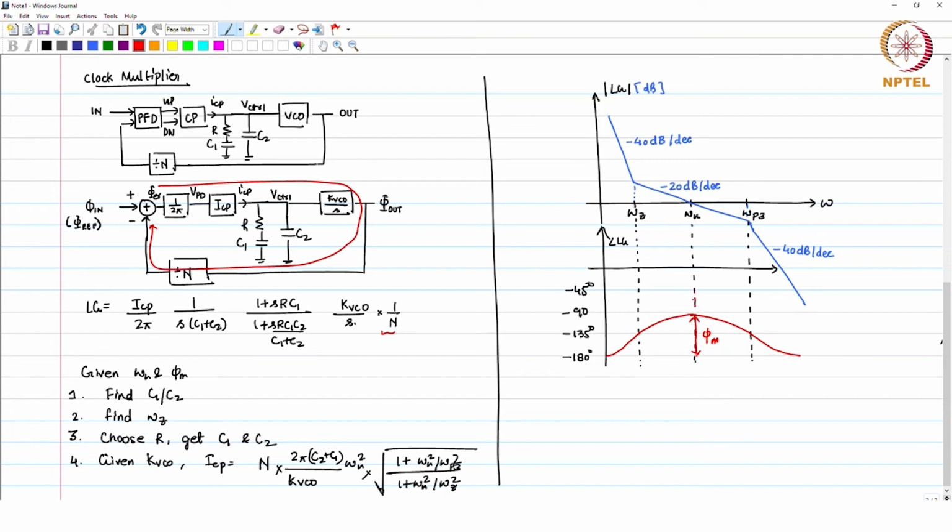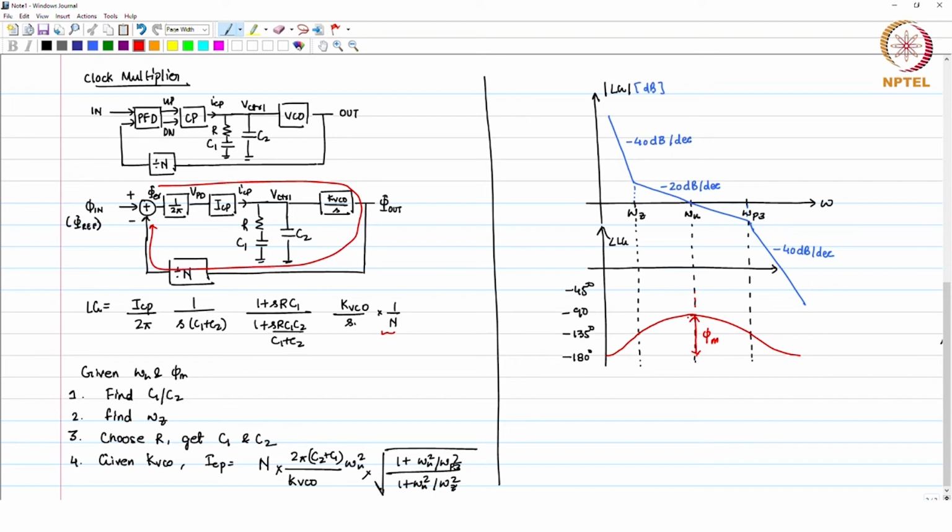So, our aim was to choose the parameters C1, C2 and your R parameter, the placement of omega z and omega u, in such a way that you get your phase response maximally flat at the unity gain frequency.